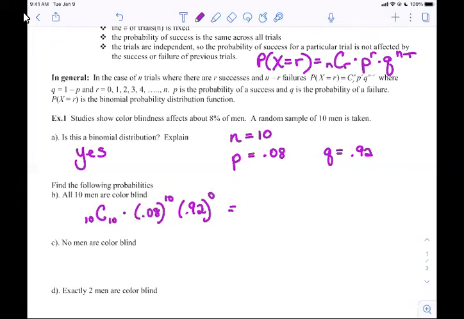I was like, yes, hopefully you got it because we did that one multiple times. So 10 choose 10 is always 1, right? N choose n is 1. And then 0.92 to the 0 is 1. So on your calculator, all you're doing is 0.08 to the 10 power. And this ought to be teeny tiny. So I got 1.07 times 10 to the negative 11.